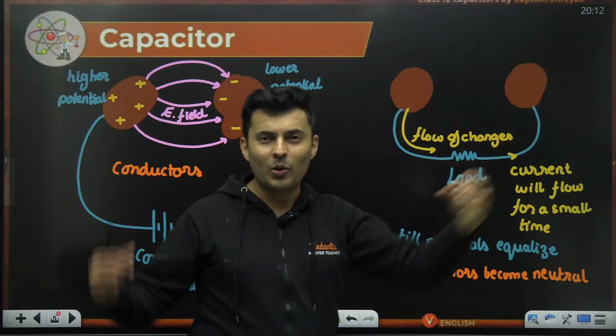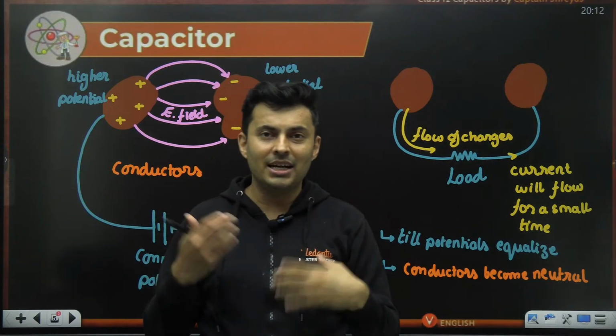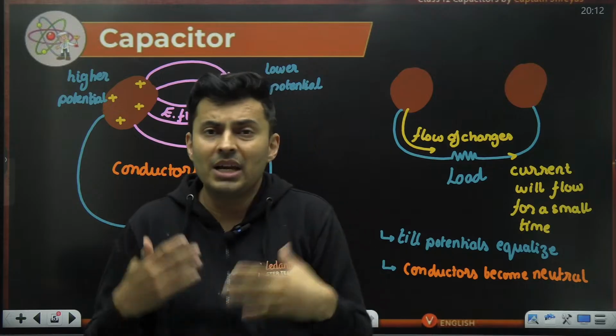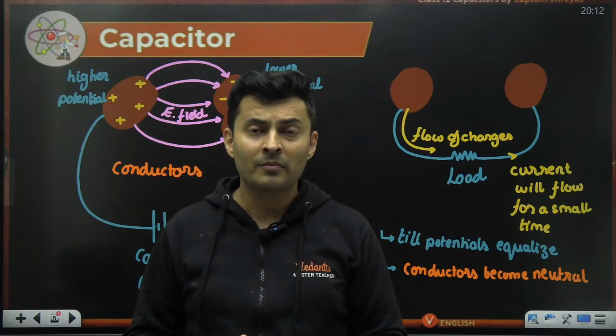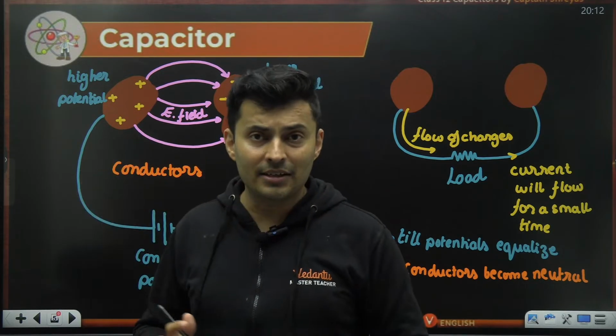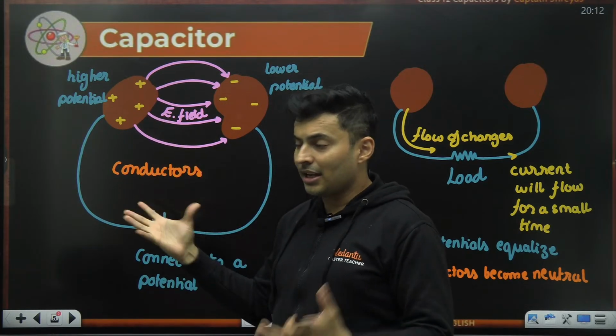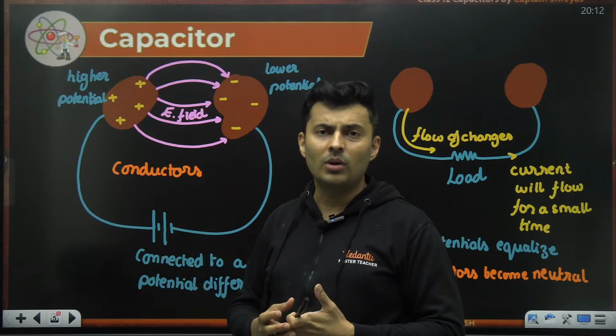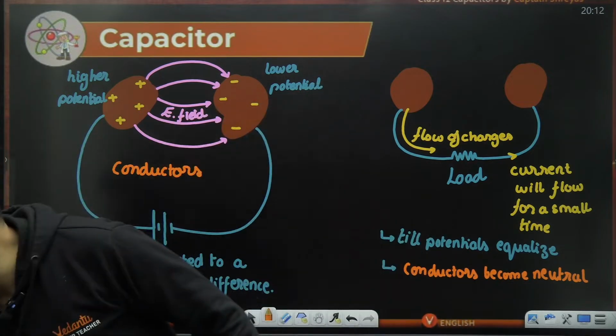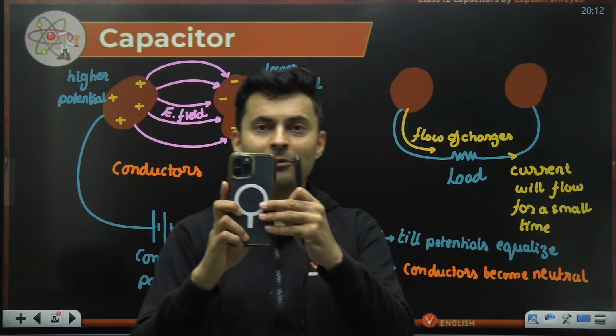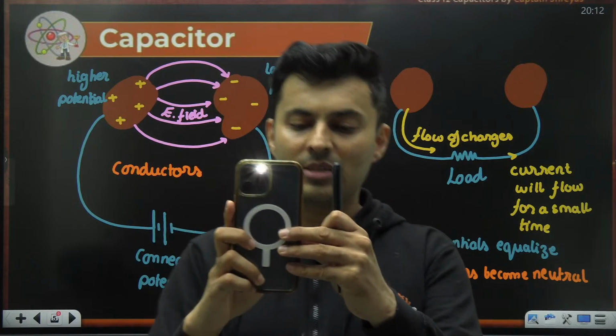Zoop, the current flows, and for some time there is a current passing, which creates heat, light, whatever effect you want. So when I store this energy in the electric field between the conductors, I can use it for whatever application I want. In fact, your mobile flash works through this principle.